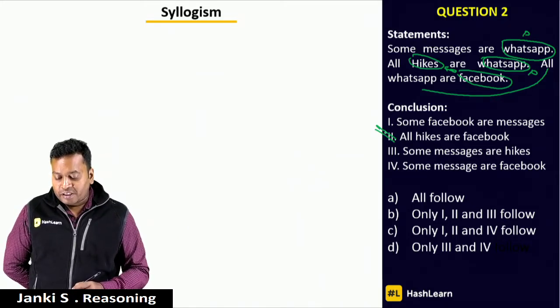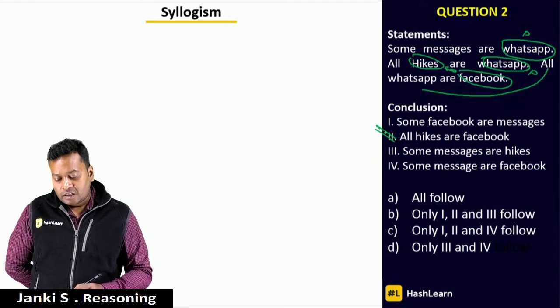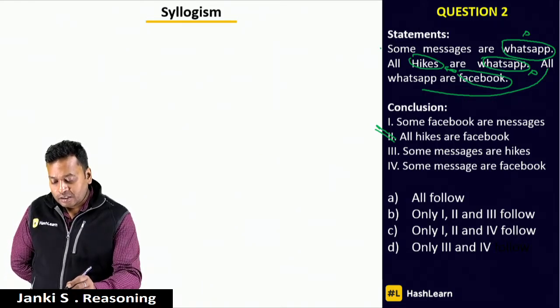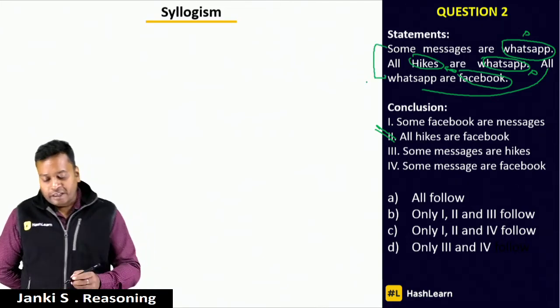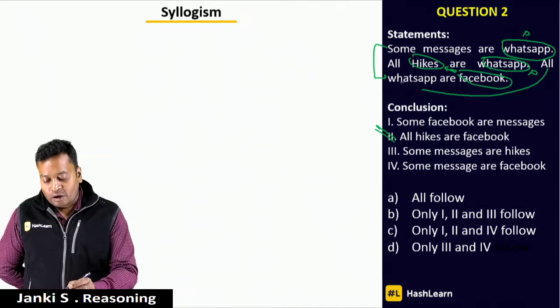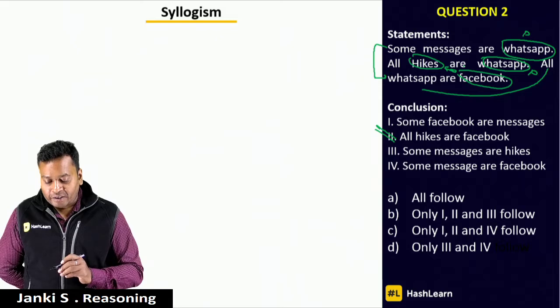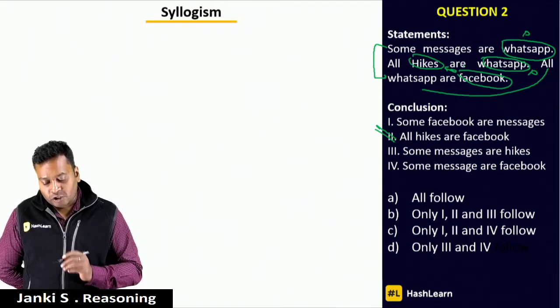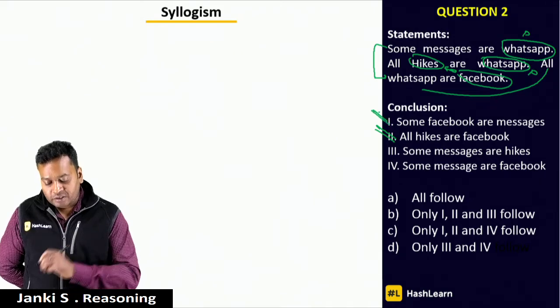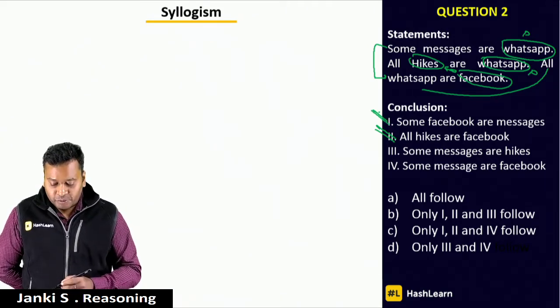Some Facebook are messages, right? So if I check these two, these two I can correlate. It's some and all format, that represents some with WhatsApp as a common part. That means some messages are Facebook is possible, right? So that represents some Facebook are messages also possible.